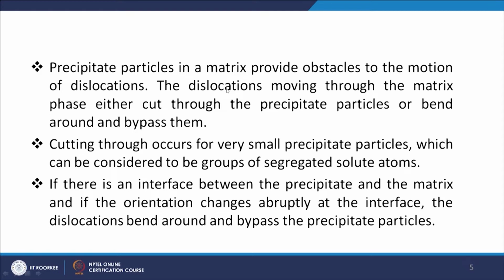If there is an interface between the precipitate and the matrix, and the orientation changes abruptly at the interface, then the dislocations bend around and bypass the particles. So, there are two situations: either they cut through it or they bypass it.